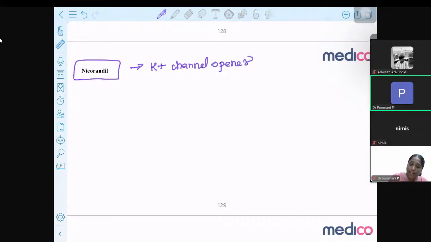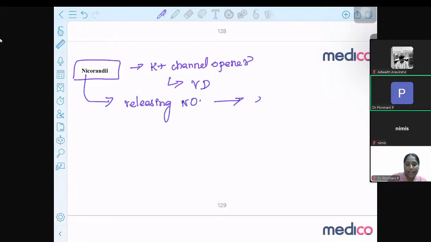And this nicorandil causes vasodilation because it is a potassium channel opener. Also, it has an additional effect of releasing NO. And that is why it holds its use in angina. Okay, so the potassium channel opener which is used in angina is nicorandil, right?